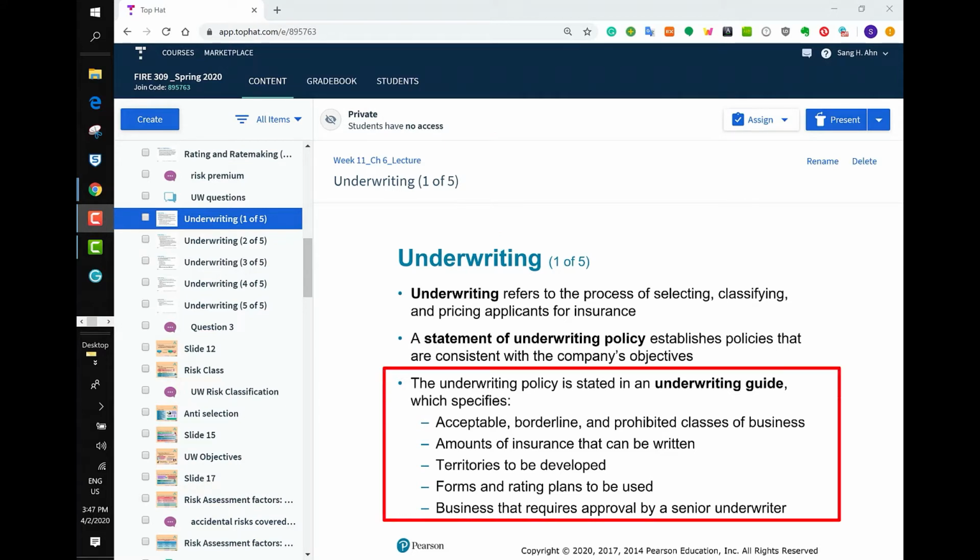The underwriting policy is stated in the underwriting guide, which specifies acceptable, borderline, and prohibited classes of businesses, amounts of insurance that can be written, territories, forms, a rating plan, and businesses that require approval by senior underwriters.